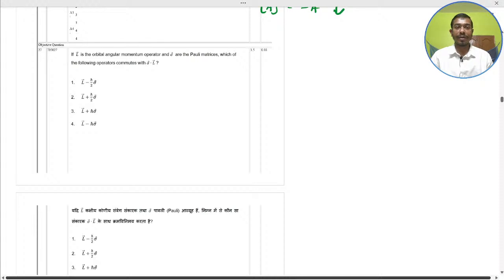If L is the total angular momentum operator and sigma is the Pauli matrix, which one of the following operators is equal to sigma dot L? Very important question.